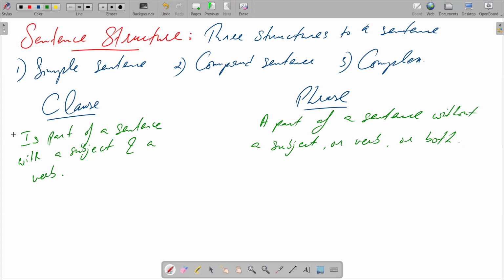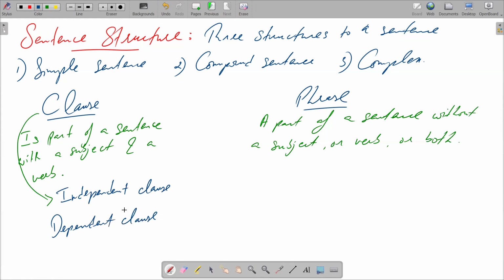Now, as far as clauses go, there are two further subtypes, right? One is an independent clause, and the other is a dependent clause, right? And this will come into play, obviously, in the structures.